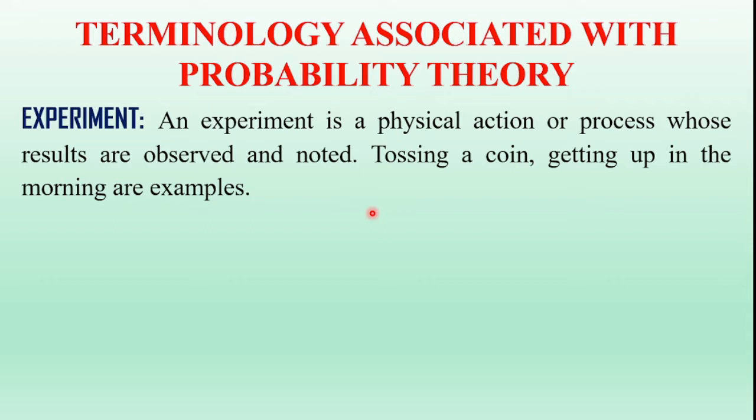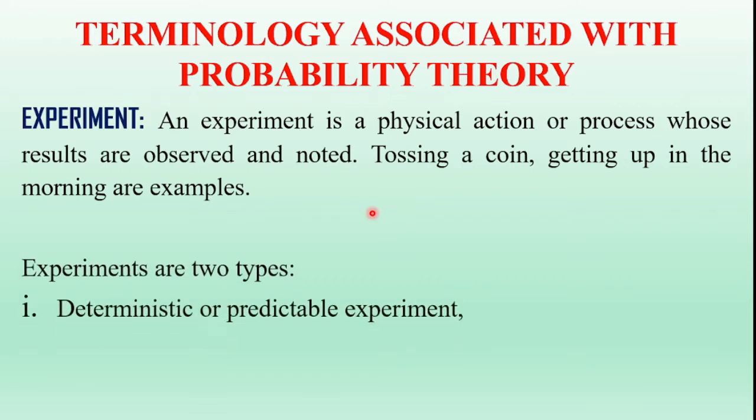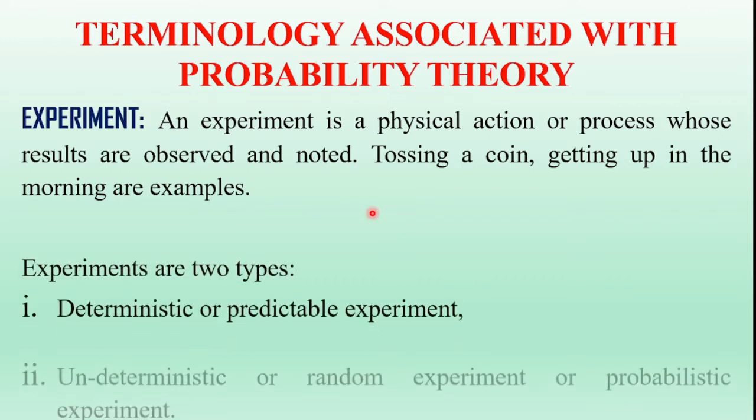Once again, an experiment is a physical action or process whose outcomes or results are observed and noted. Good examples of experiments are tossing a coin and getting up in the morning. There are two types of experiments: deterministic experiment and undeterministic experiment.